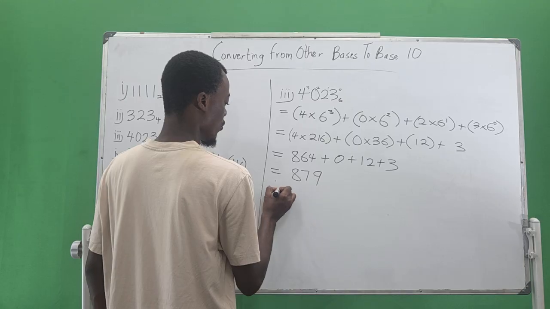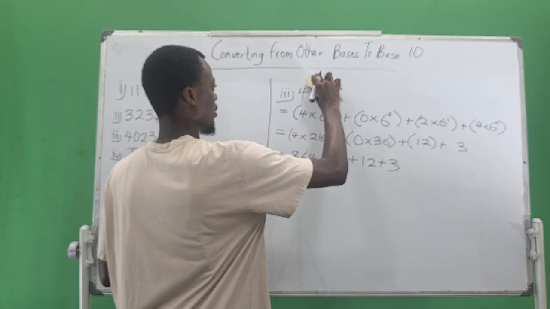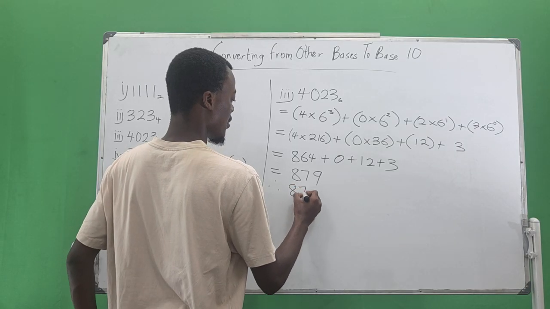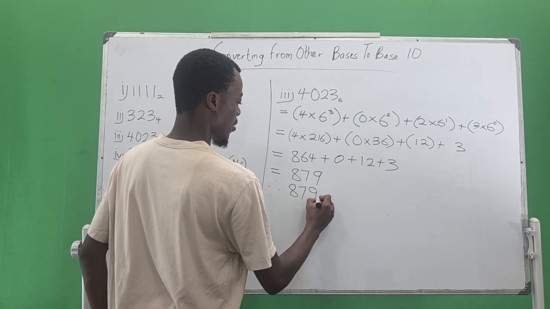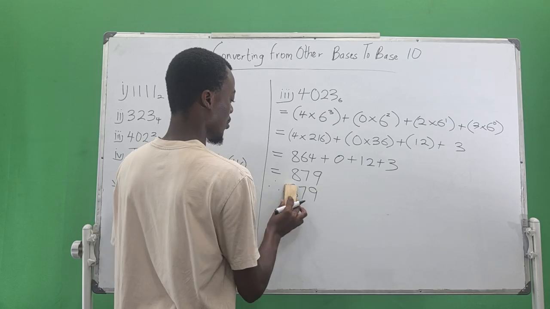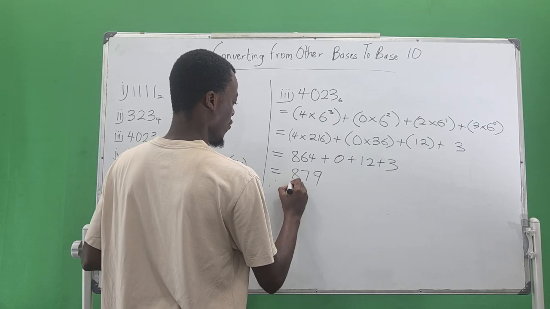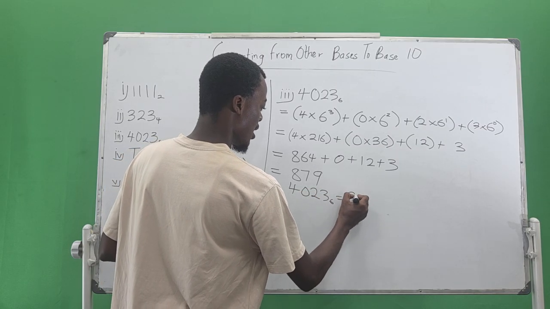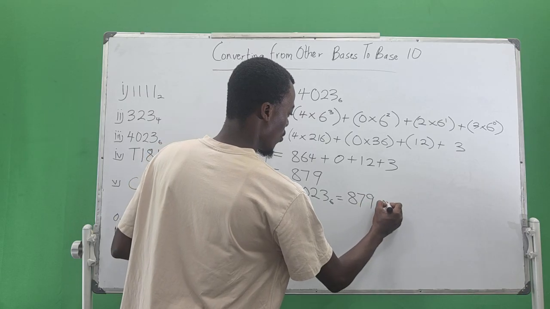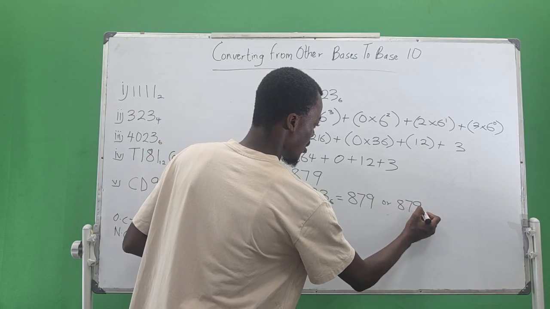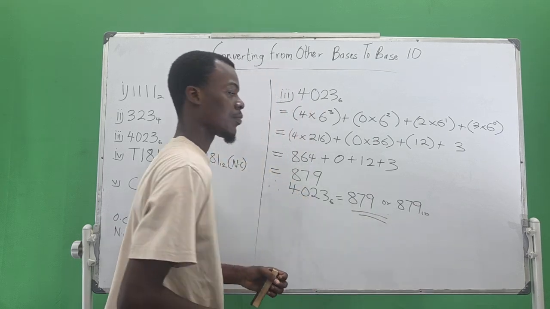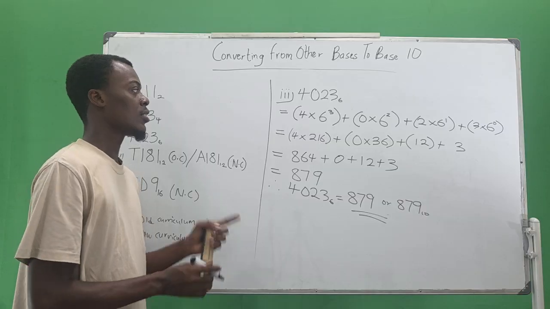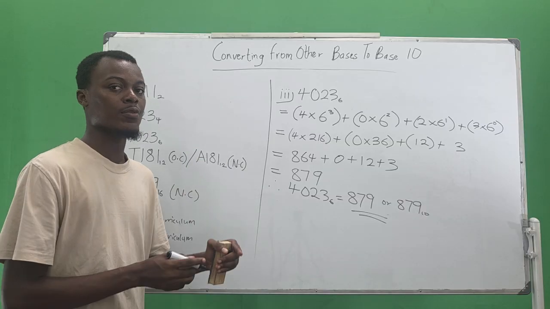Okay, so therefore 4023 to the base of 6 is equal to what? 879, or 879 to the base of 10. Okay. Guys, you see, this is very, very simple. So whenever you see something like this, just take your time and follow the procedure that I've taught you and do it.